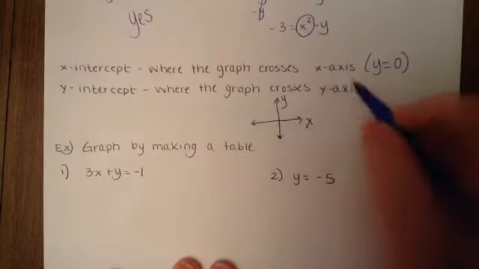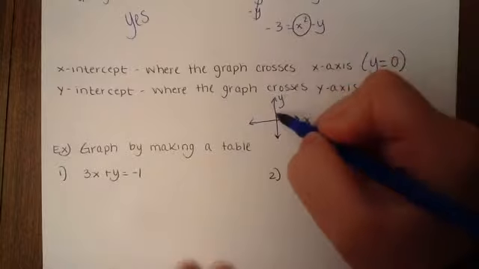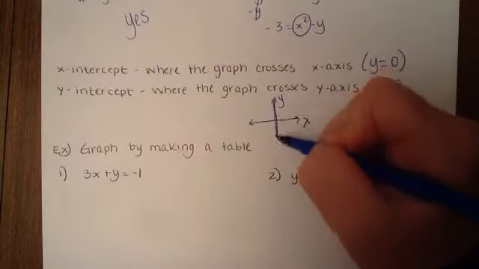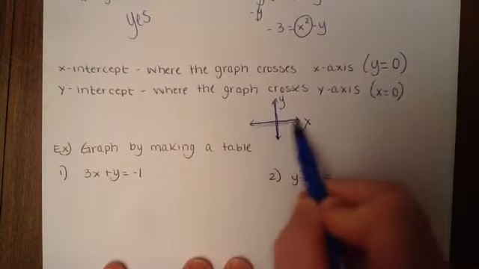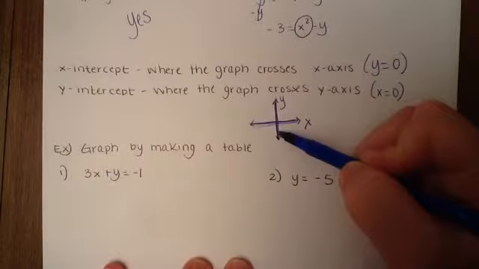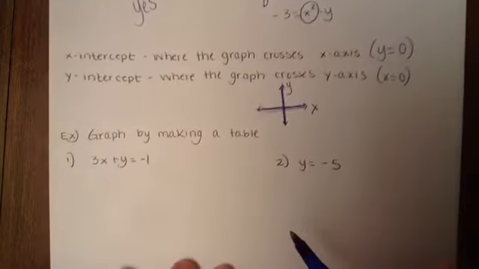So that means the x value has to be 0. It goes none right or left. It just goes up or down on this y-axis. So on the x-axis, since it does not go up and down at all, y is 0. On the y-axis, since it doesn't go right or left at all, x is 0.